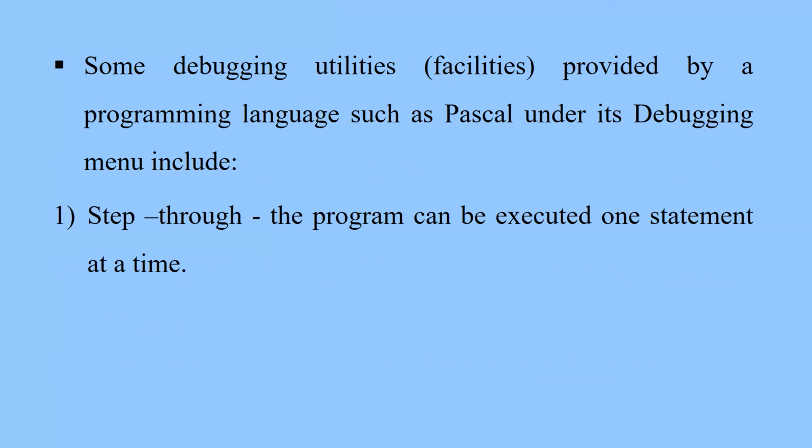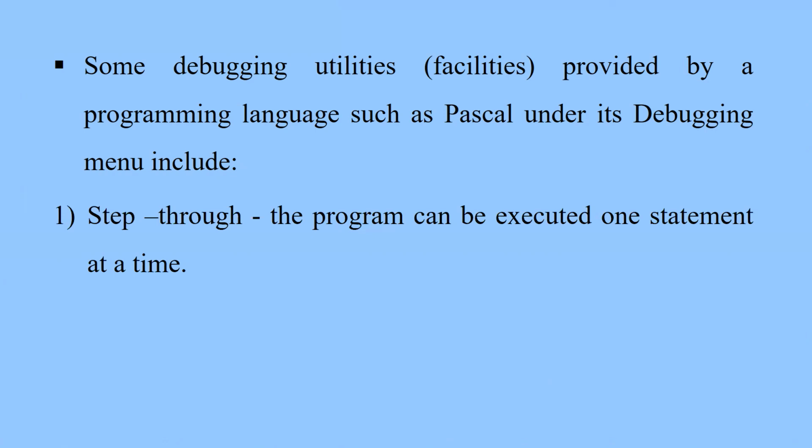Whenever you want to debug any program that you have coded in Pascal, you can find the various debugging facilities or utilities under the debugging menu. You just need to click on the debug menu in Pascal, and then you are going to see some of the following.